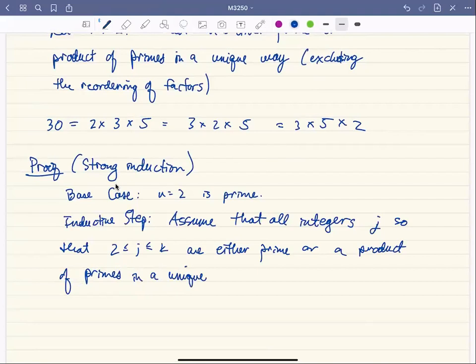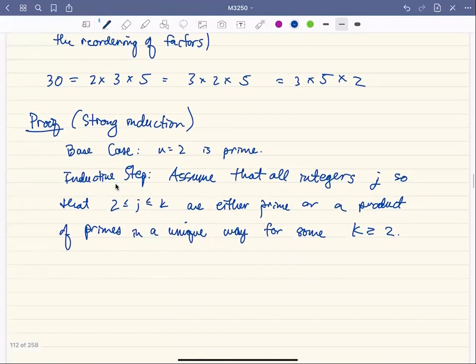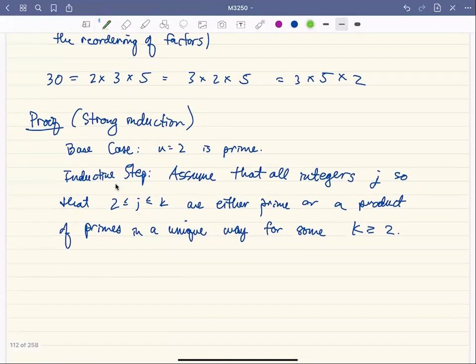So we're assuming that the statement's true for all values j up to some k, for some k greater than or equal to our last base case. And then our goal is we want to show that this statement is true also for k plus 1, because that's the way I have this written.